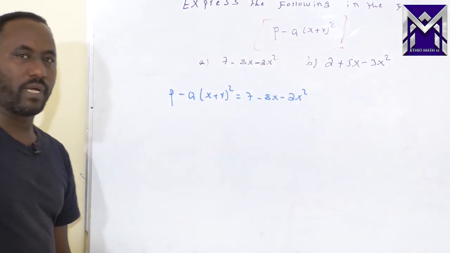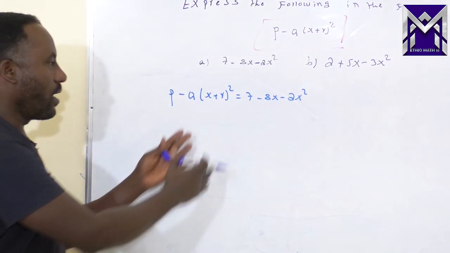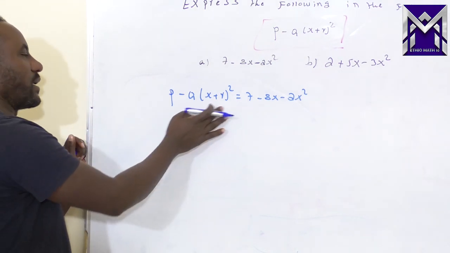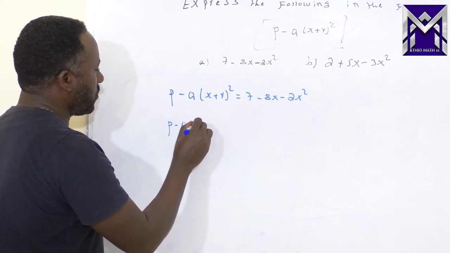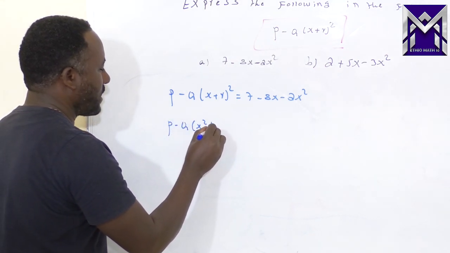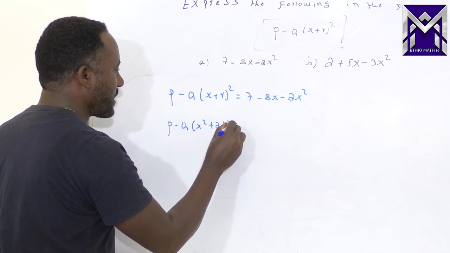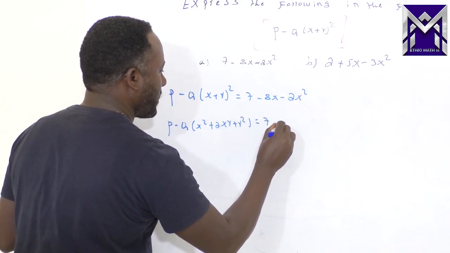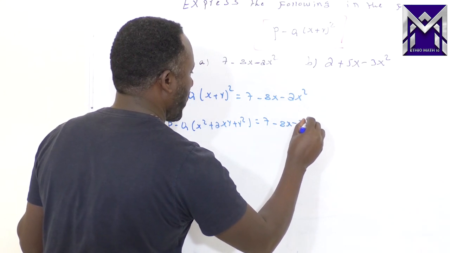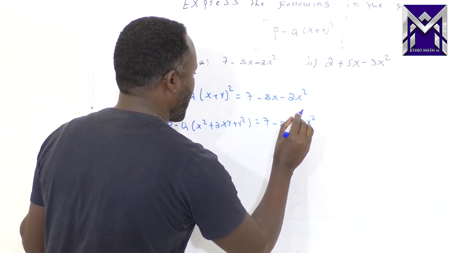I have written it down. This is the first step. Then we expand this. When we expand this, we get p minus q into x square plus 2xr plus r square, that's going to be 7 minus 8x minus 2x square. So this is the second step.